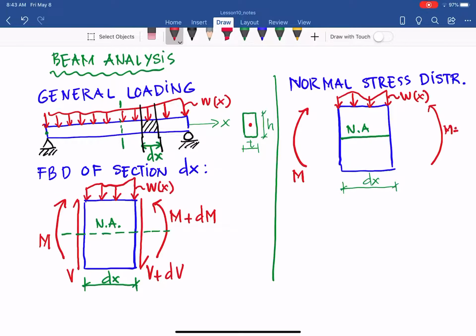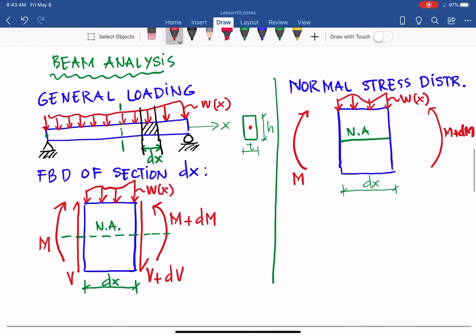So that's the normal stress that we have here. For the normal stress distribution, it will be 0 at the neutral axis, and it will be maximum at the outermost fiber, if you recall that. My over I. Remember that? Go to the bending lesson. So with that, we can draw the normal stress.